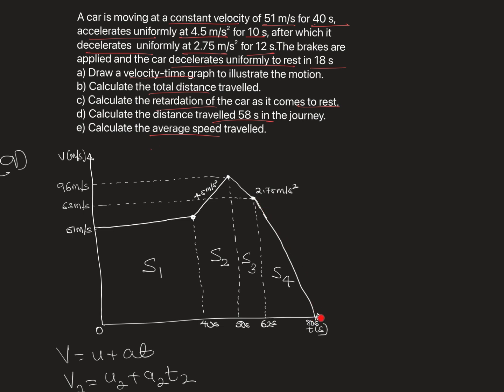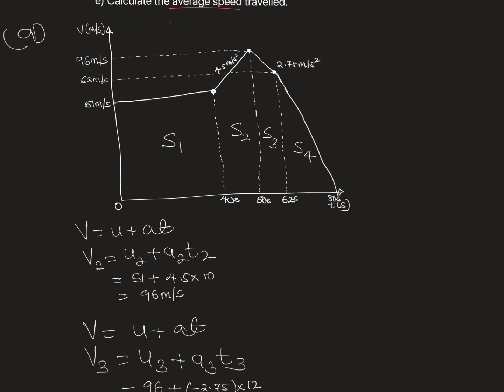That's the retardation that brought the car to rest. So the initial velocity will be 63, and because it comes to rest at this point, the final velocity will be 0. When a body comes to rest, its final velocity is 0 meters per second. Knowing that information is important for the calculation.